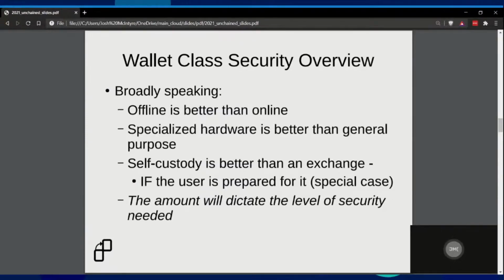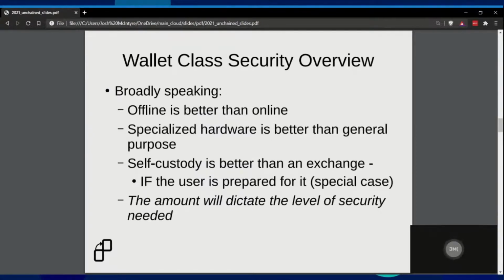Specialized hardware is better than general purpose. What I mean by this is something like a hardware wallet, a device that has specialized cryptographic firmware loaded onto it. I think that is in general going to be better in terms of long-term security of those private keys than a general purpose network device like a phone or a laptop.